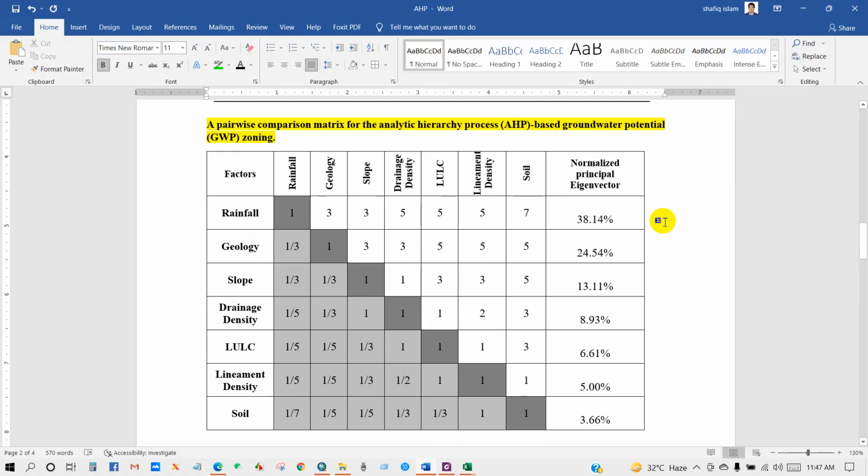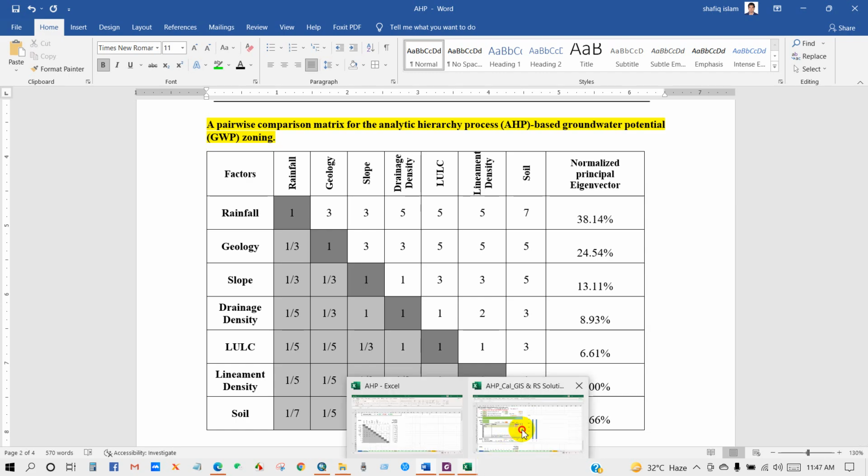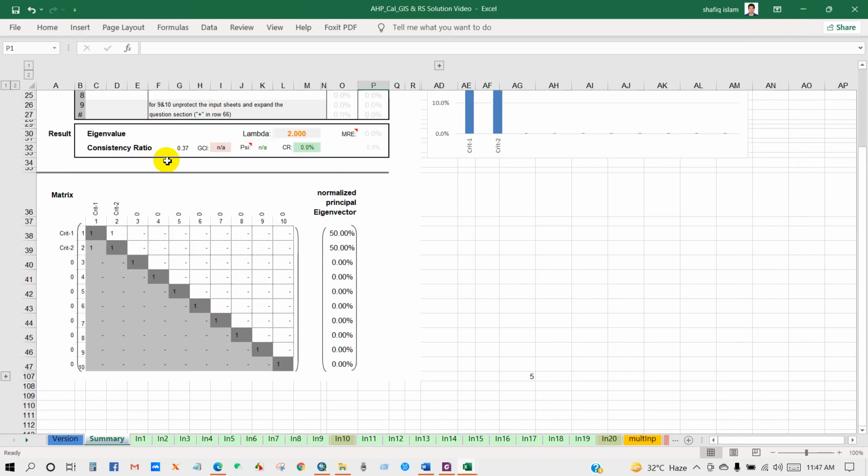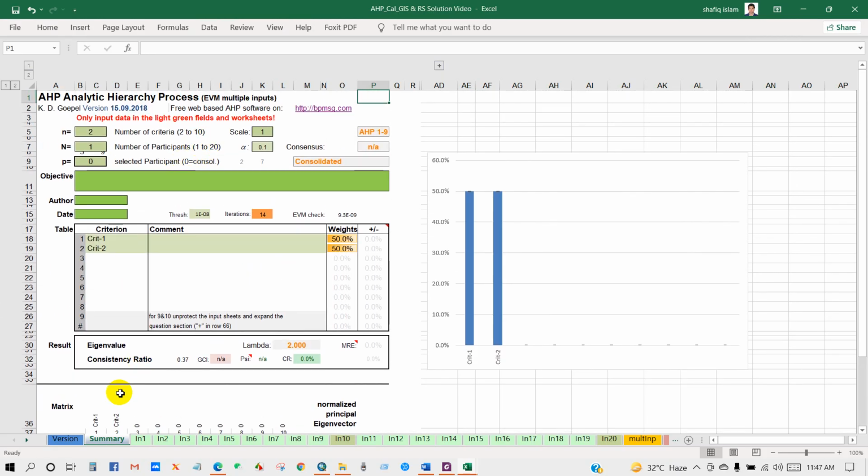So you can see here a pairwise comparison matrix for the AHP based groundwater potential zoning. This matrix will be automatically generated using this Excel. You can see here the AHP Excel sheet.